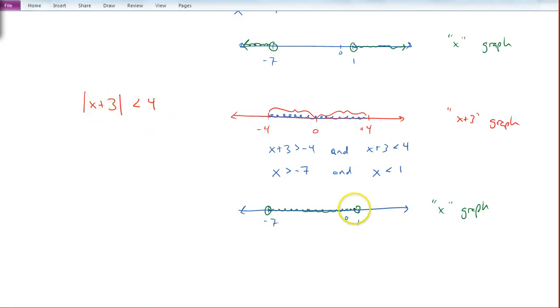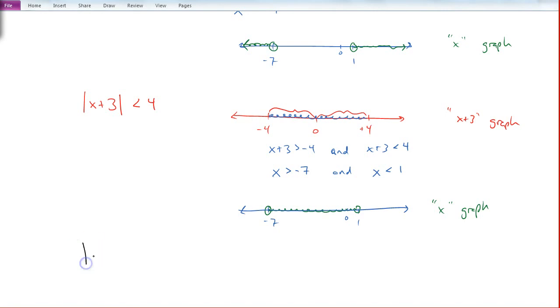So I can include 0.9, 0.99, 0.99999, as many 0.9s as you want to get closer to 1, but as soon as I pick 1, the inequality will not be satisfied.